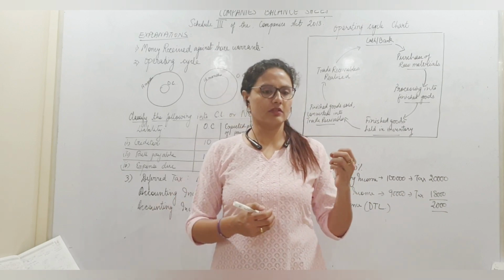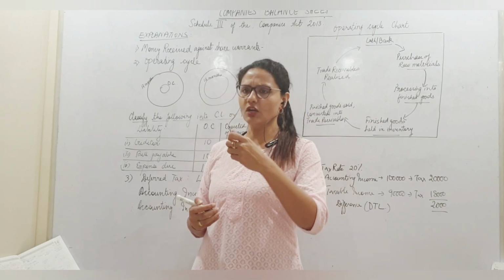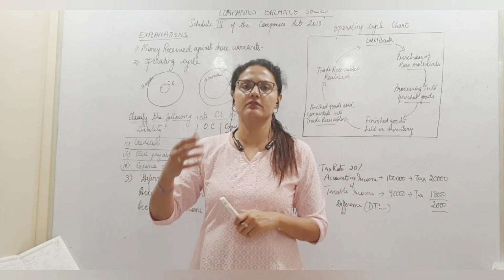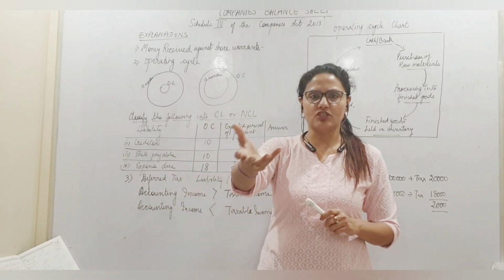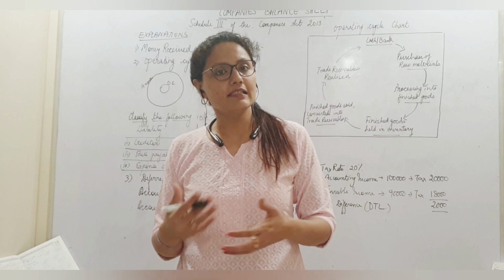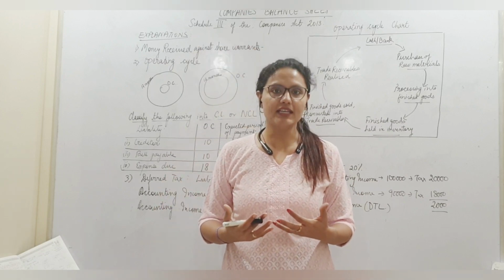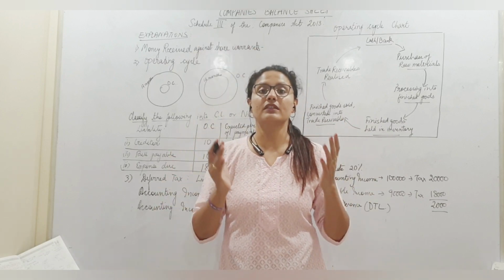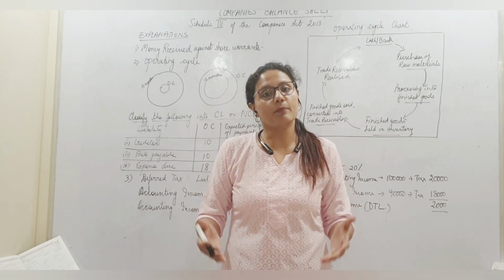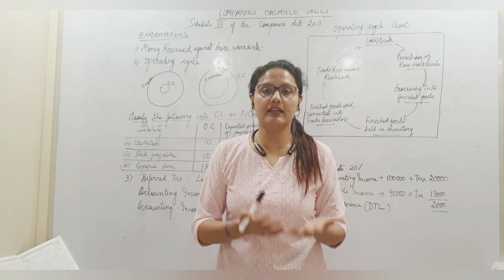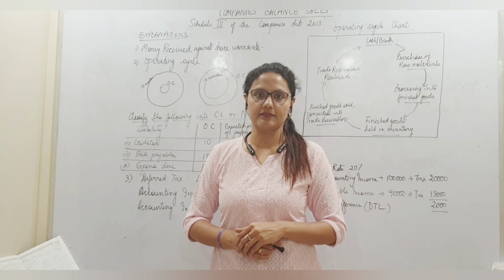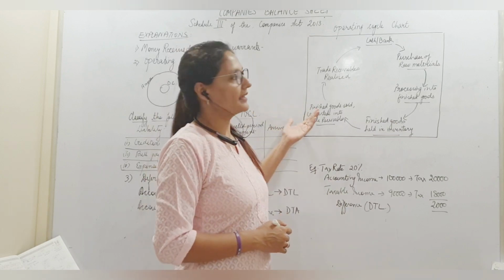Whereas small consumer goods or daily use products off the shelf, suppose you are talking about some chips or biscuits or something, the processing time is very less, right? So it all depends on what kind of business we are talking about, and operating cycle will be bigger or smaller depending on that. So basically, what is an operating cycle?